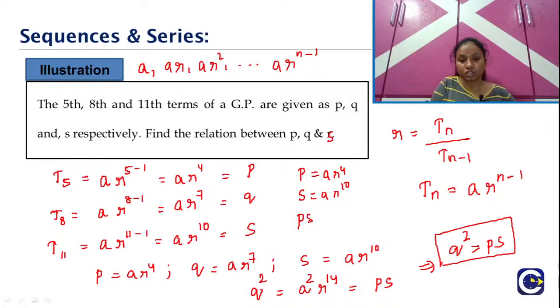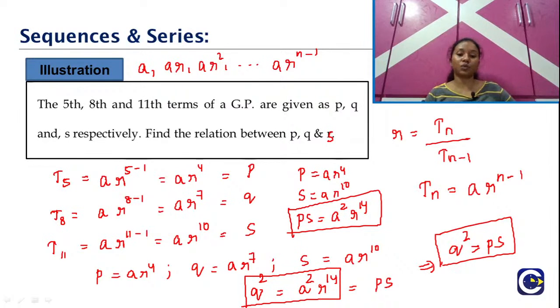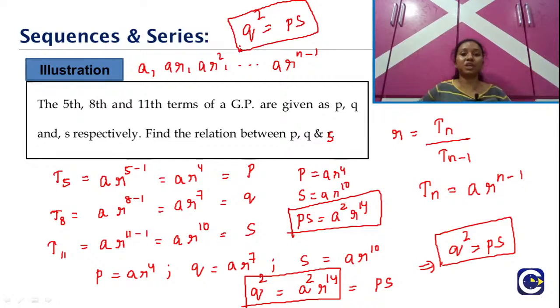The product of these two is nothing but a into a, that is a square, and r power 4 into r power 10, that is r power 14. So PS is nothing but a square r power 14, and if we do the Q square also, we end up having this a square r power 14. That means Q square is equal to PS. So the relation between these three P, Q and S is given by Q square is equal to P into S.